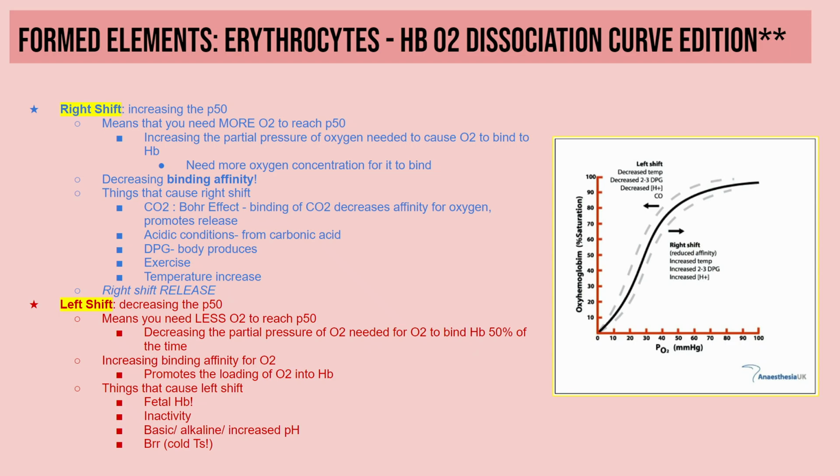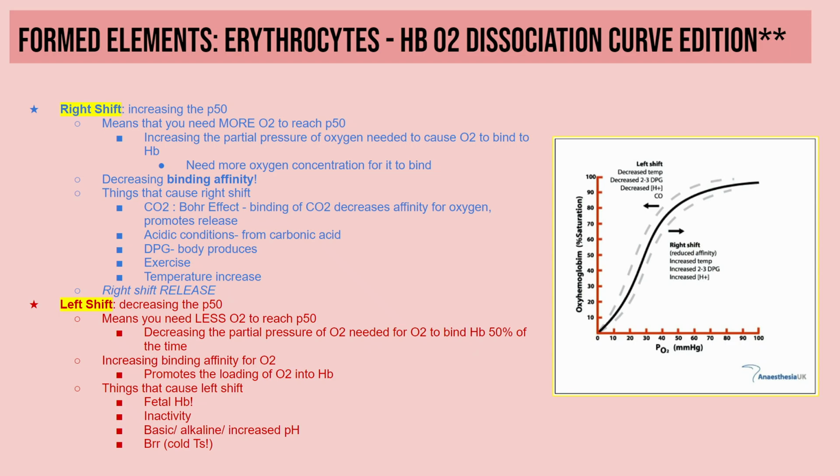Some things that cause a left shift are fetal hemoglobin. Like we were talking about before, the fetus needs to really grab onto that oxygen because it's getting it indirectly from the mother, so you're going to have an increased binding affinity. Inactivity. When you're sitting down and resting, you're not breathing really heavily.